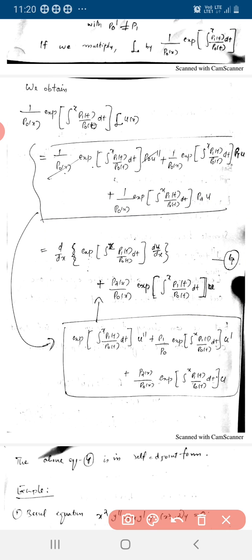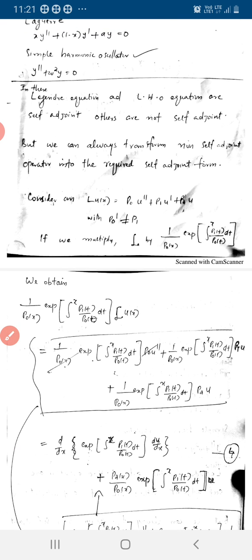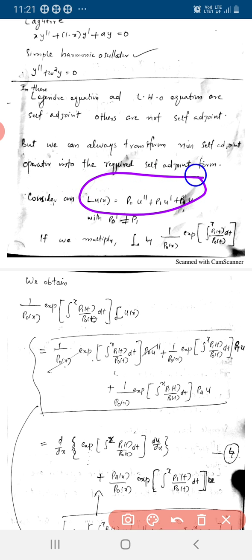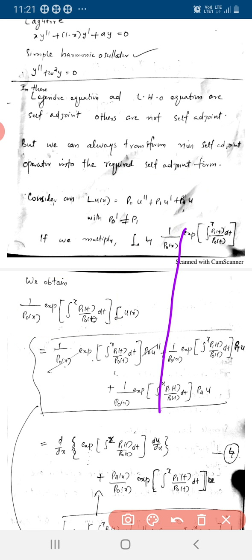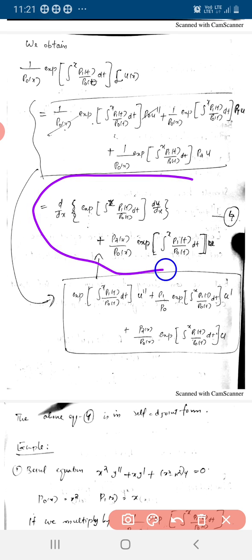So what we did is we multiplied the entire differential equation with this 1 by P0 of x exponential integral x P1 of t by P0 of t dt. I multiplied, and I am getting a self-adjoint form.